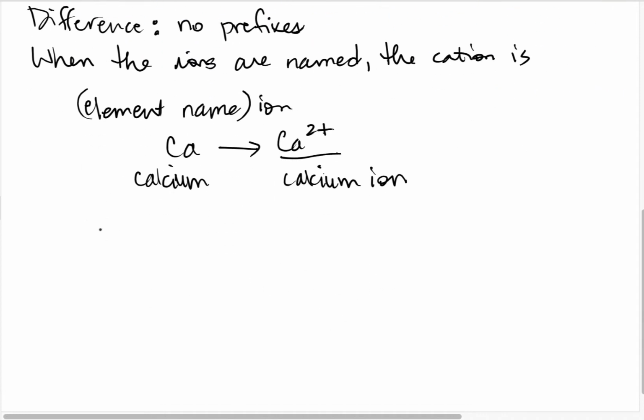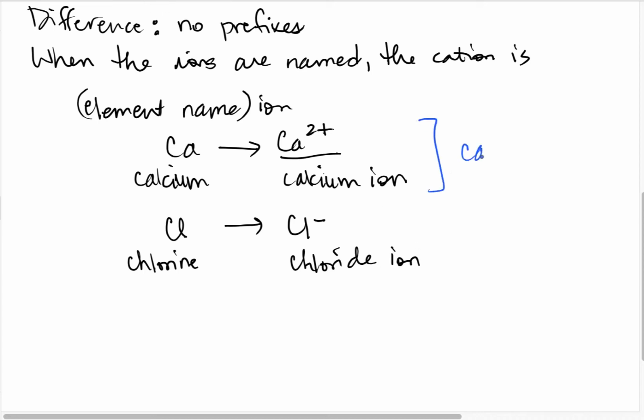The same thing is true with all of the ions that we have. The difference is that when we have Cl, this element name is chlorine, and when it turns into an ion, it becomes the chloride ion. So when we have cations, it becomes the element name plus ion.